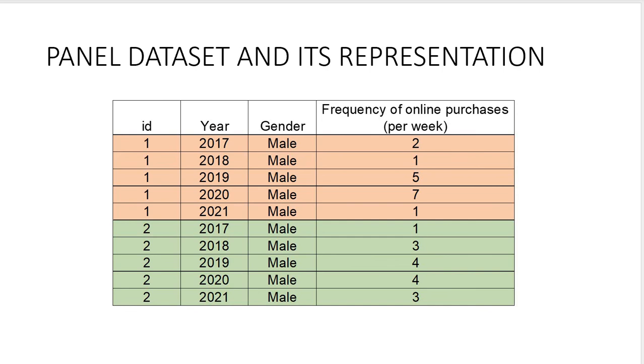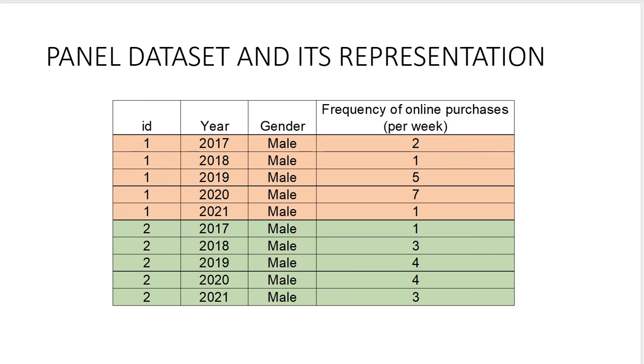So in line with the definition we discussed before, here you have several agents or several consumers analyzed for several years. And once again, this is how you should represent your data in Excel spreadsheet in order to make sure that your data is interpreted properly.